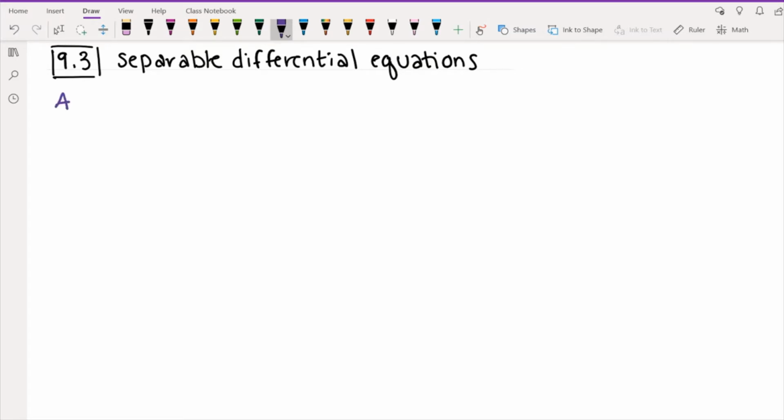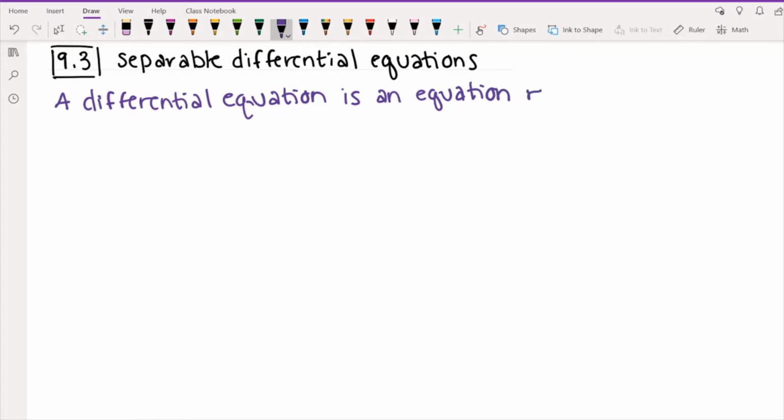So a differential equation is an equation. And specifically, it's an equation relating a function to its derivative or derivatives.